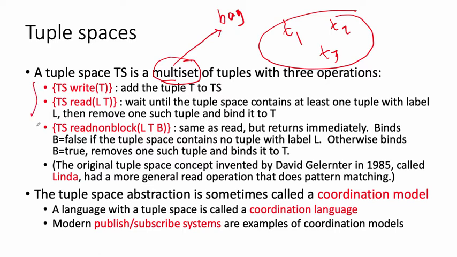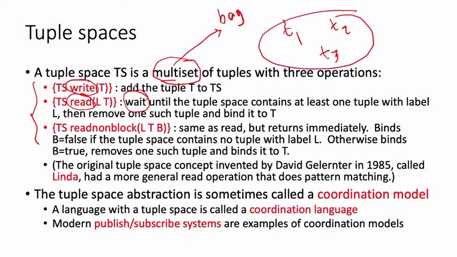There are three operations. You add a tuple with the write operation. You can remove a tuple with read, but this is actually synchronizing. The remove is already doing synchronizing. It's going to wait until the tuple space has a tuple of the right form.